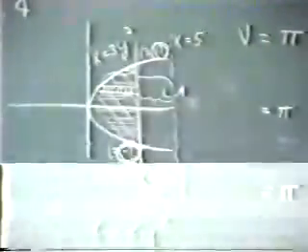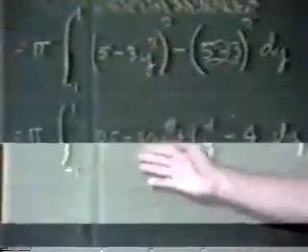So this point is x is 3, y is minus 1. To this point, x is 3, y is 1. Since it's dy, I'm going from the y's to the y's. So my limits are minus 1 and 1. And then you can follow your notes, the rest of the algebra here. Simplifying here, I can subtract the 4 from the 25, get 21, and then integrate and work it out.